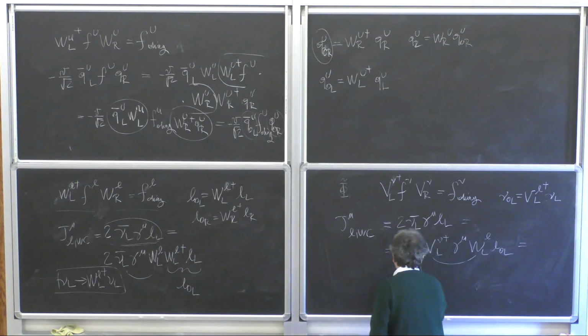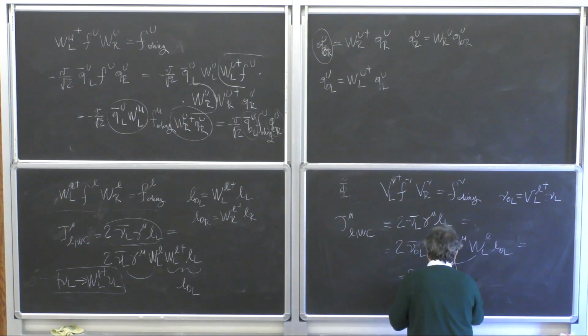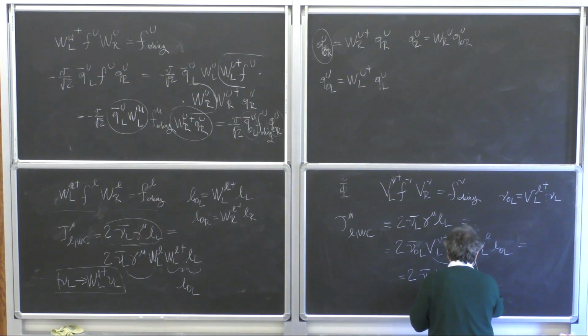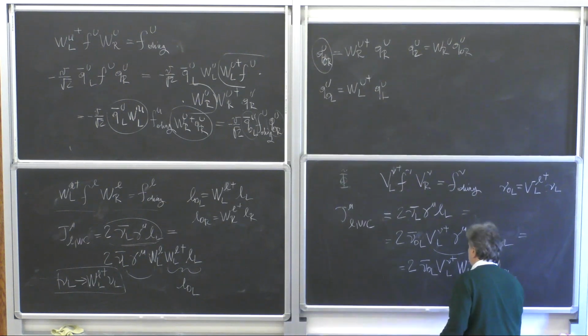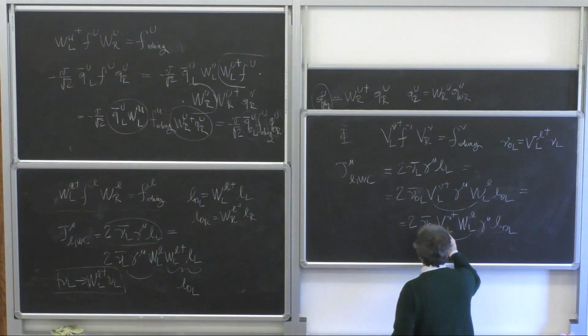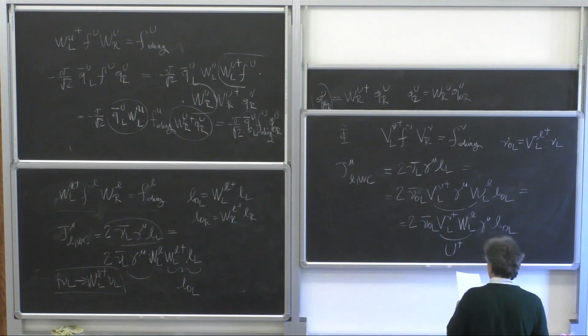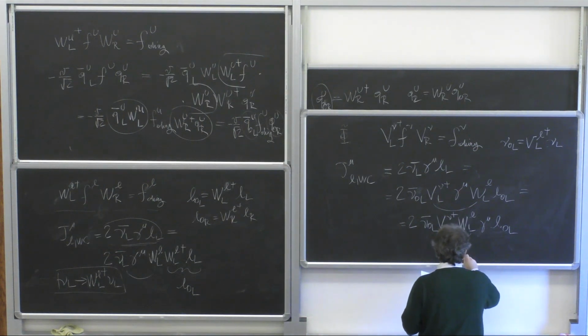here we do something different. This is nu 0 L bar V L nu dagger W L L gamma mu L 0 L, and we call this matrix here U dagger, and sometimes PMNS.